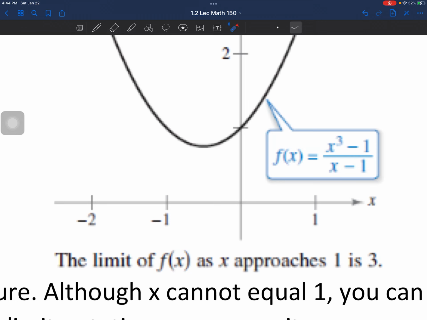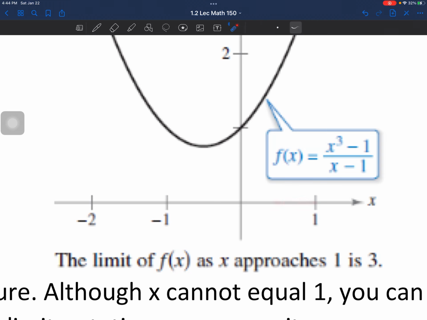That's how we define a variable. So x could be 0, -1, -2, 1, 0.5, 0.9, and so on. They're all x values. When we describe an approach, x approaching 1 means that x values are getting closer and closer to 1.